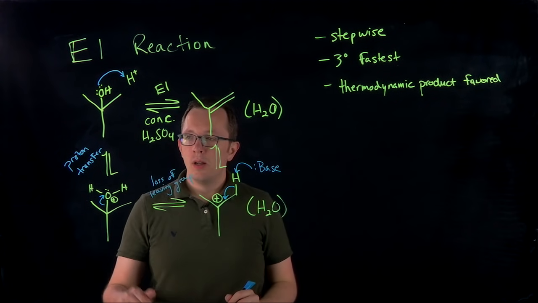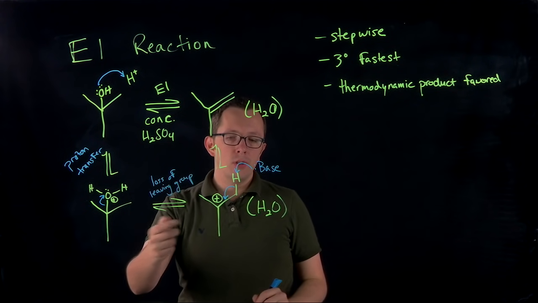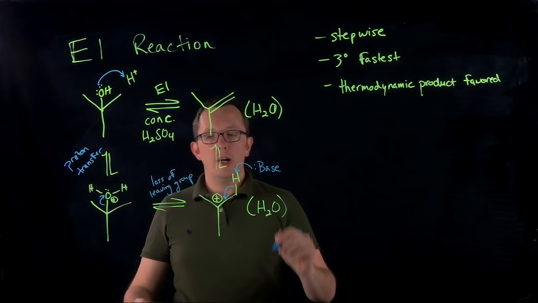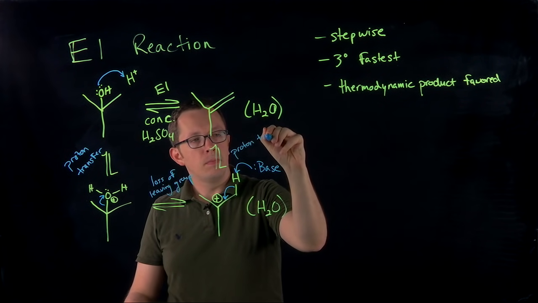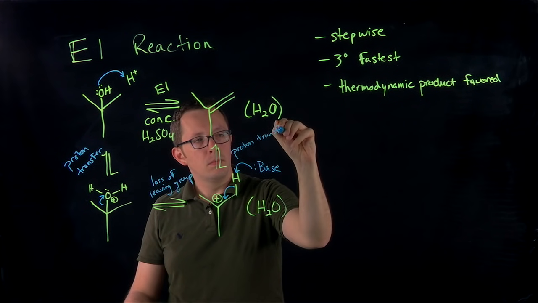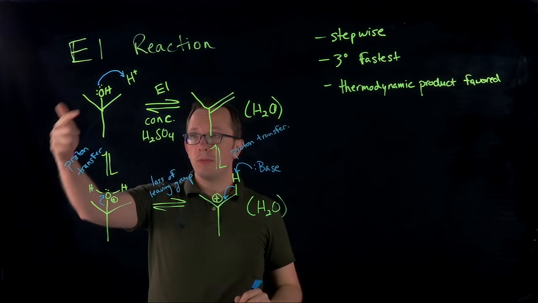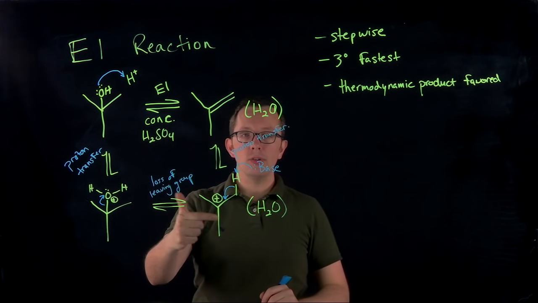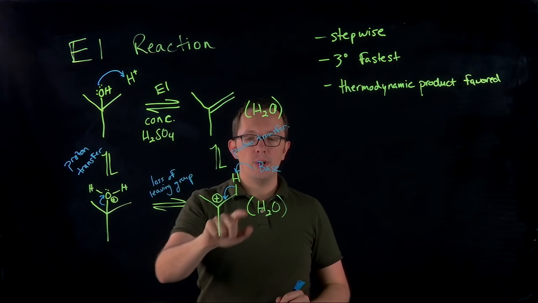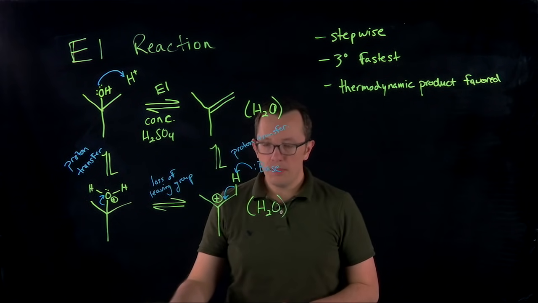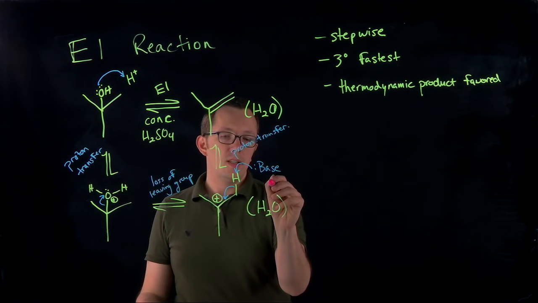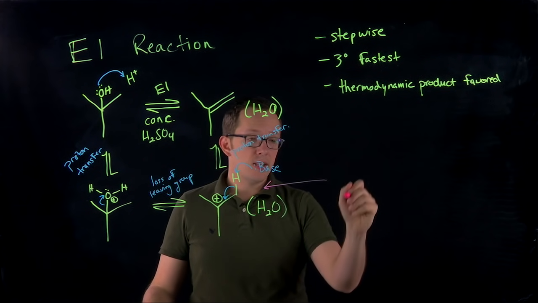And then the last step, we're doing another proton transfer, and we're also forming that pi bond. Okay, so 3 steps: proton transfer, loss of a leaving group, and a last proton transfer, forming our pi bond here. Right? So here, the important thing to point out is that our carbocation is the key intermediate here.